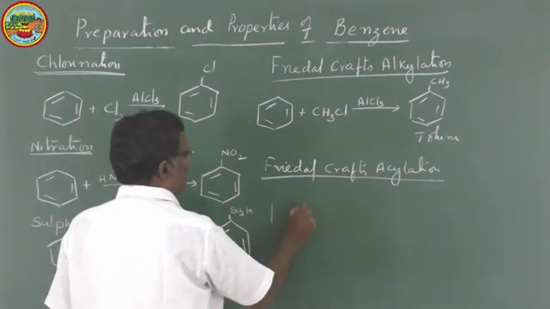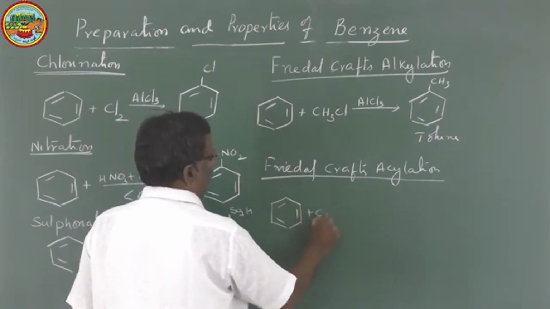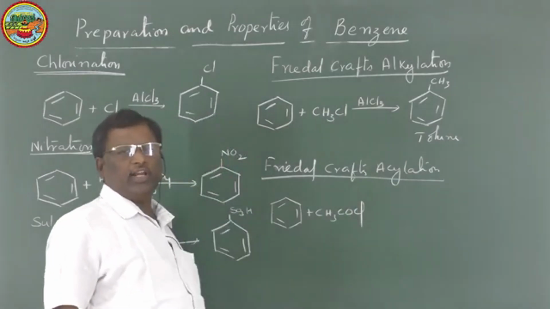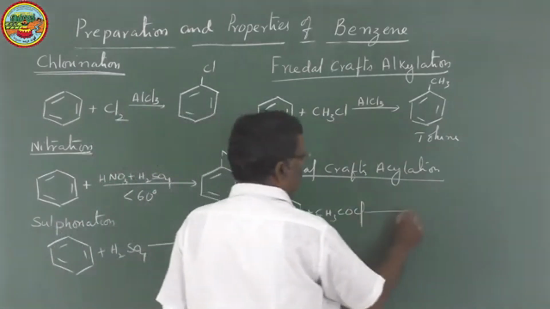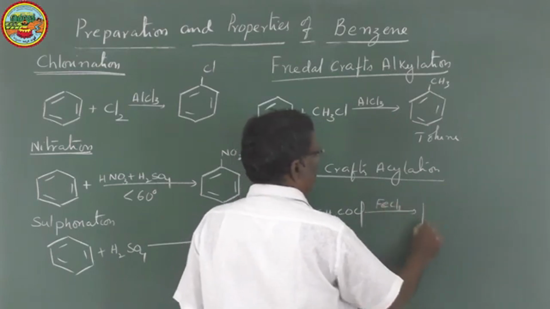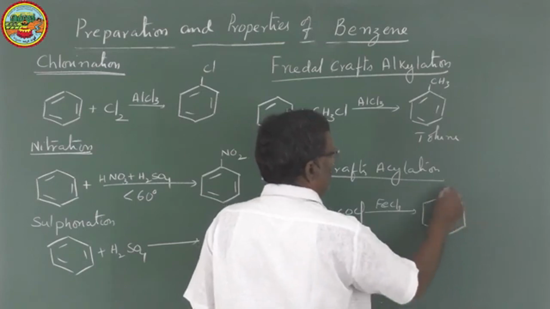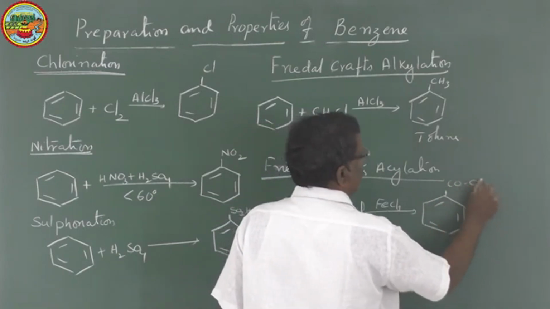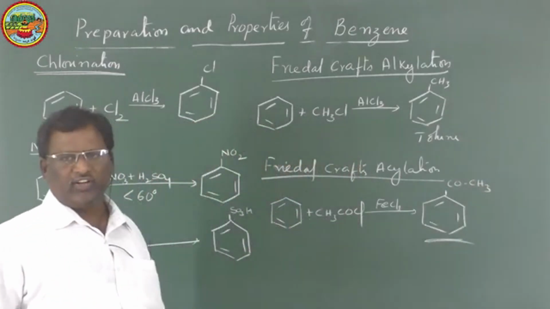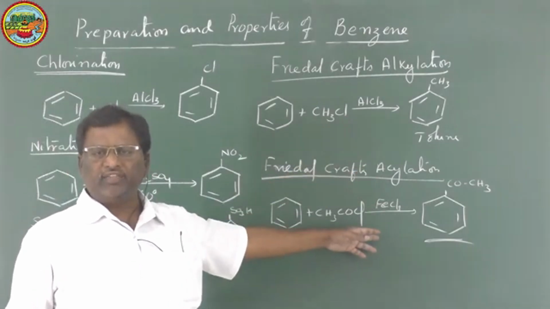For example, benzene, when treated with CH3COCl, acetyl chloride, in the presence of FeCl3 or AlCl3, an acetyl group, COCH3, is substituted here. This is known as Friedel-Crafts acetylation.